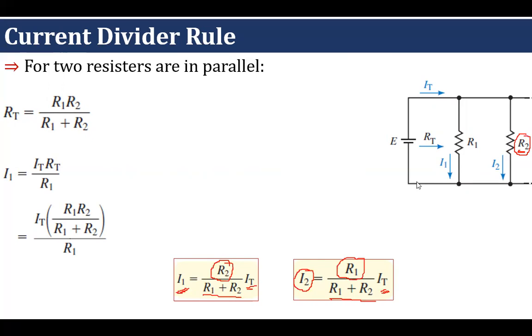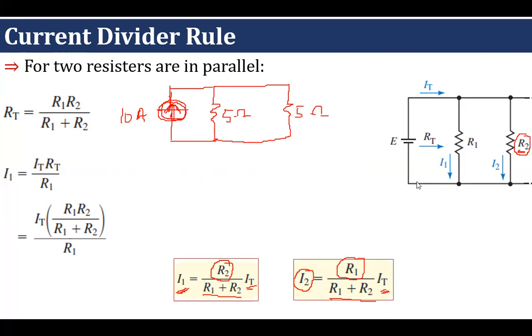So let's solve. Suppose that in place of the voltage source, let me take a current source. We have a current source of 10 ampere, and two resistors in the network, 5 ohm and 5 ohm, both equal let's say. This is R1 and this is R2.